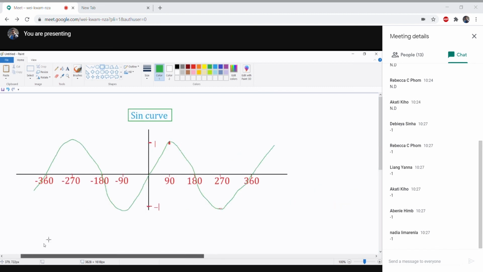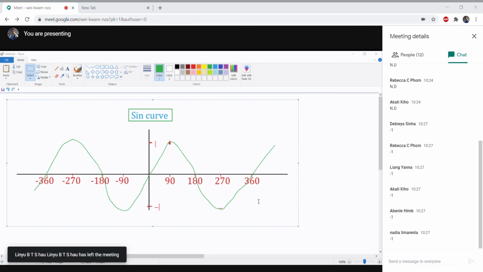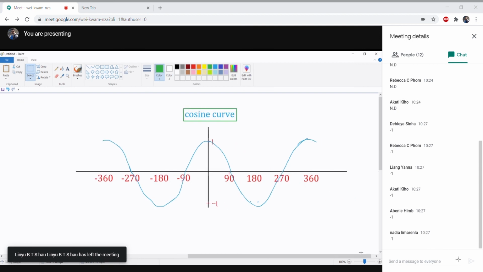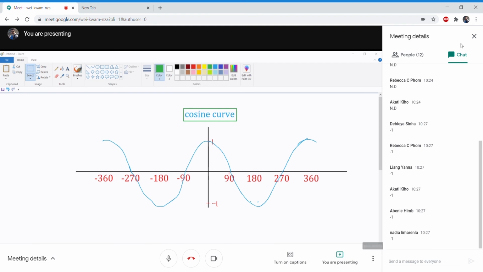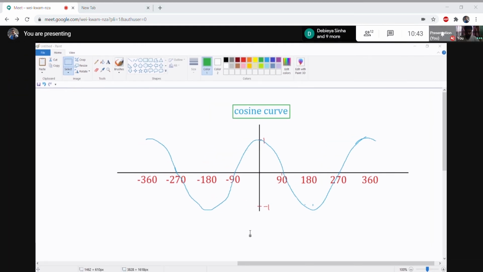Okay, so let me copy this one. Now the tan curve, we will discuss the tan curve.